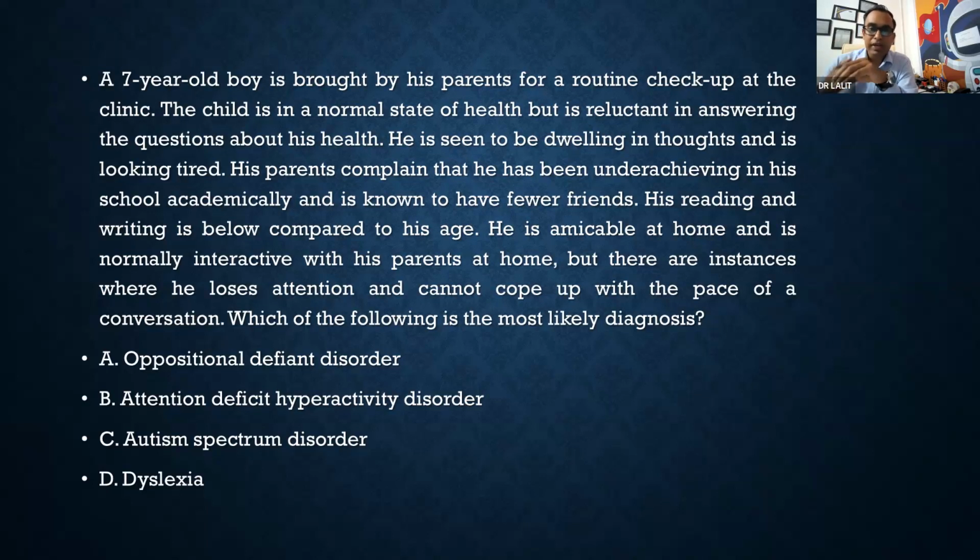So that means the child is developmentally normal, but his reading and academic skills are low compared to his age. As a result, he loses attention while talking because he cannot cope, as there are also issues with speaking and communication. But the major issues in a child with dyslexia are definitely in reading and writing, which are low for his age, as is clearly mentioned in this child. So it fits the criteria of dyslexia.